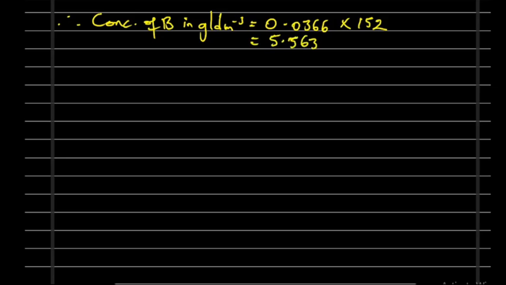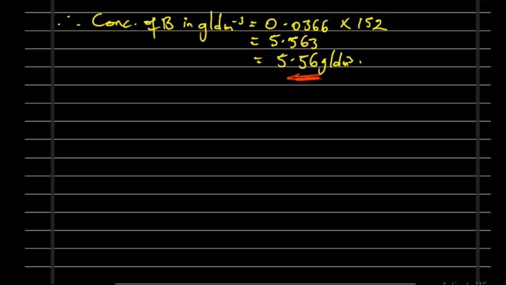That is three significant figures. So let's change our answer to two decimal places. That will give us 5.56 grams per dm cube. So that is the answer to that particular question, the second question that we have there.